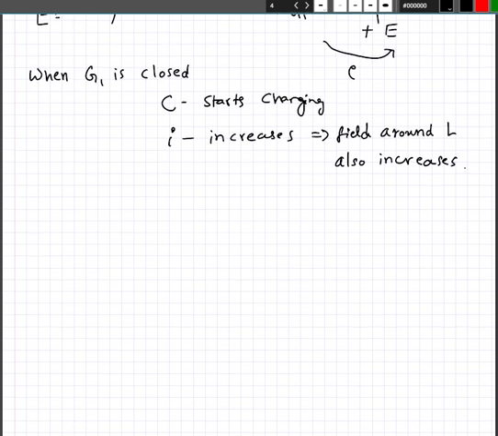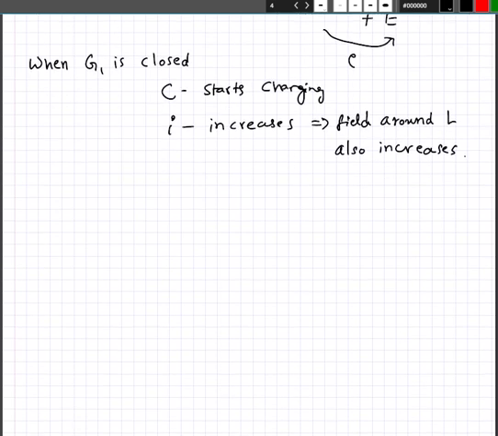Next, what happens? Let us say initially we take the charge to be 0 and current to be 0. So initial conditions are at t is equal to 0, charge on C is equal to 0, current is also equal to 0.